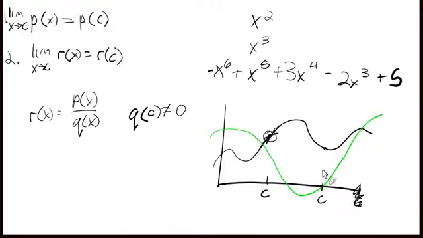If I were to take p and divide it by q, I'd be dividing something by 0. So at the point c, q is worth 0, and this wouldn't work. If we drew it out, there would be a vertical asymptote right there, because that's where q is 0 and you'd be dividing by 0.